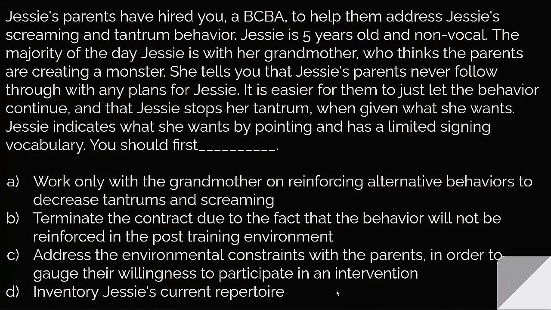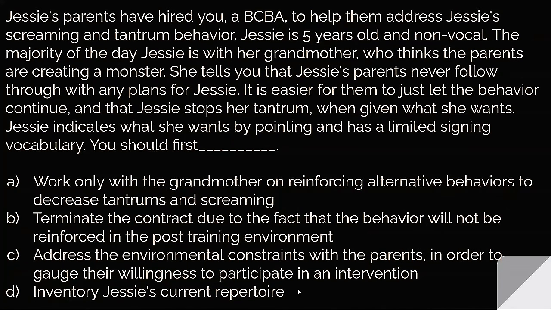And no, it's not quite D, inventory Jessie's current repertoire. Sure, it's already given you some information about Jessie's skills, but that isn't really the problem. Yes, we want to increase Jessie's skills, but this is more about the tantruming and how we're going to get buy-in, how we're going to get maintenance, or what's the relevance of behavior.